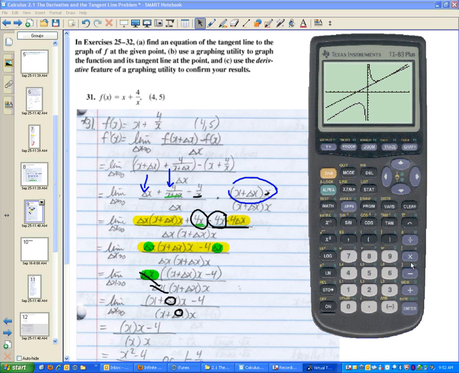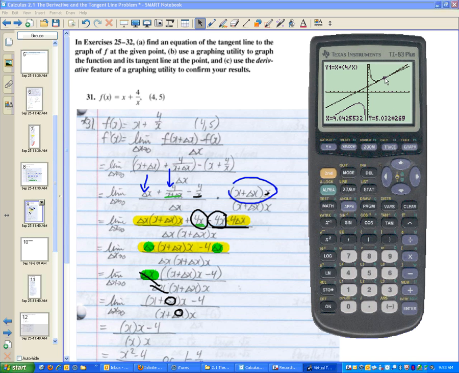And there we go. It's kind of hard to tell with that window exactly where the point of tangency is. So let's trace. All right, I'm on the function here first. Oh, it's not going to get me the right decimal, is it? It's whatever the standard is.